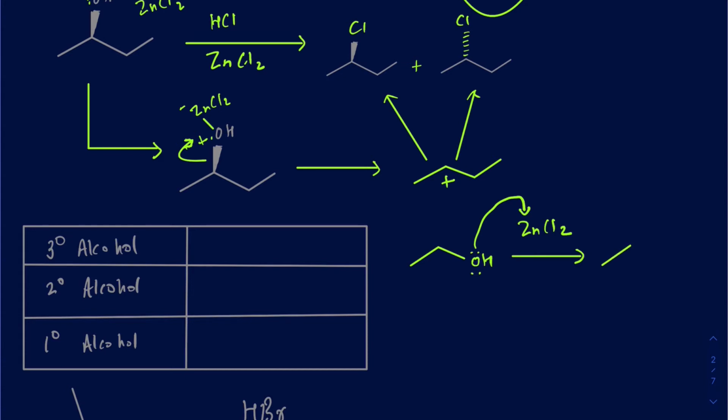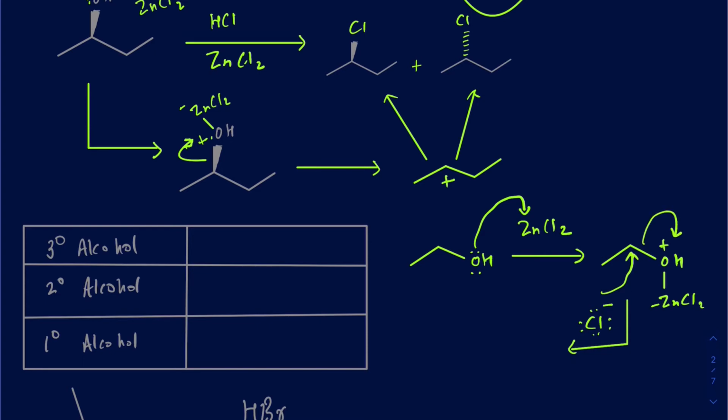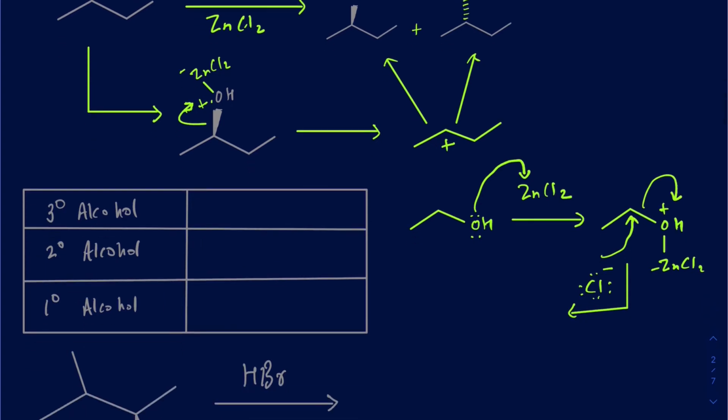And then once you have made this right there, I can't really make a carbocation because it's going to be a weak carbocation, as it's going to be primary. So as a result, you can have this Cl minus coming in, and doing this back attack. And when this does the back attack, this is going to be going away. So this is more like an SN2 mechanism at that point.